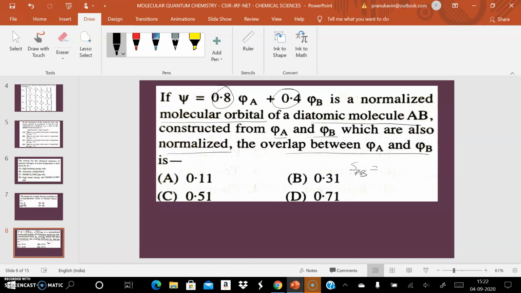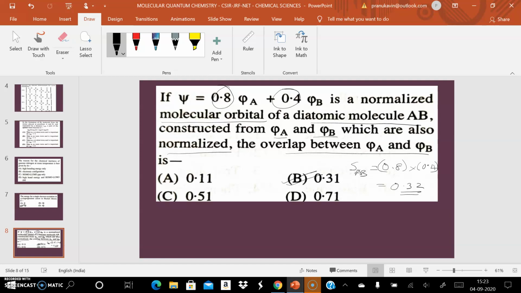The coefficient for phi A is 0.8 and the coefficient for phi B is 0.4. You just multiply the coefficients. The product of the coefficients of the atomic orbitals will directly give you the overlap. So the overlap is 0.32 roughly. So the correct option is B. If you want to find the overlap between 2 atomic orbitals in a molecular orbital, you just take the corresponding coefficients and multiply them, and you will get the answer.